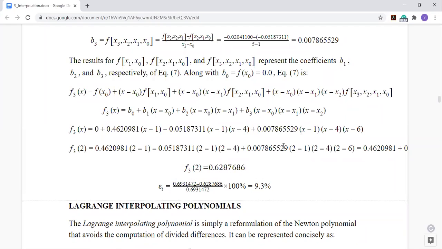So this is from this algebra. When you do this algebra, the highlighted equation, this is what you're going to get.